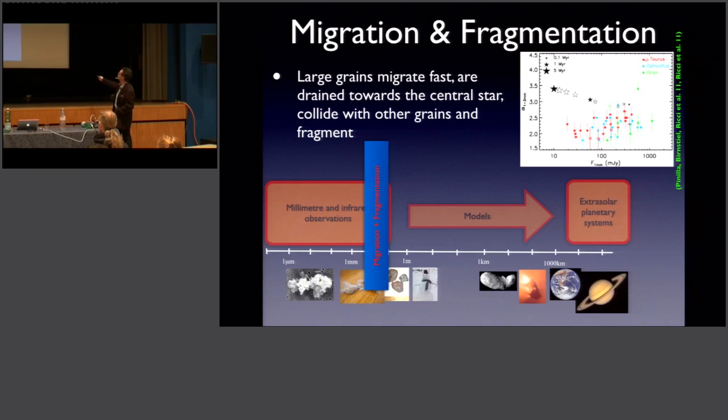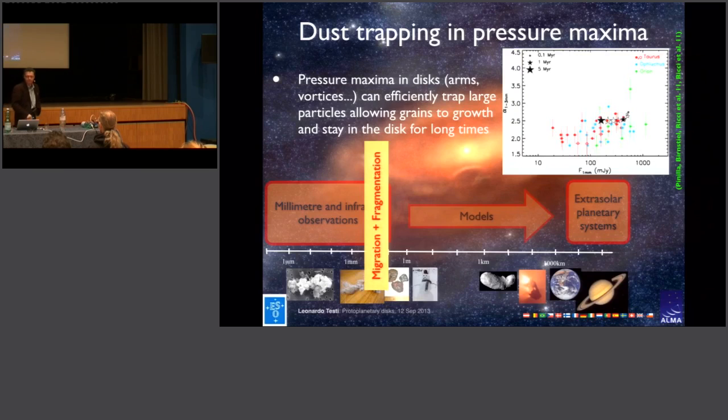You see that even if you assume that you start with a disk that has large particles, without even worrying about building the large particles, and you let it evolve, it will quickly diverge from the observed population, okay? It will go down in mass because the large particles are thrown toward the star, and it goes up in spectral index because you fragment the large particles and you are left only with small particles, okay?